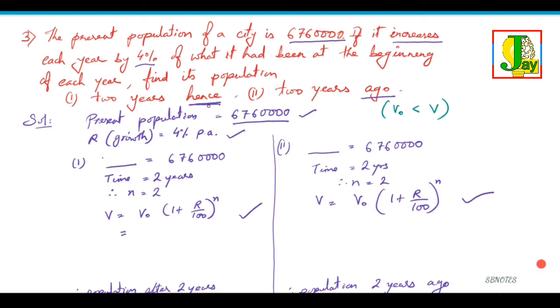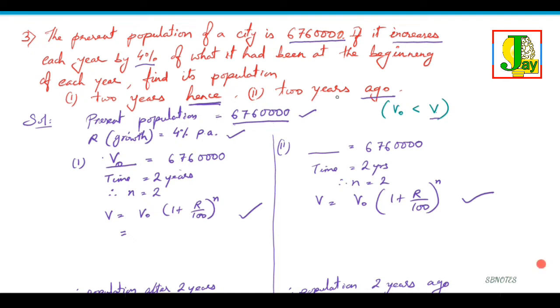In the first case we have to find the population after 2 years, and we know it's a growth one, so after 2 years the population is going to be more. We know in growth cases the final amount is more than the original amount, and hence since this is lesser than the final one, this becomes the original population.